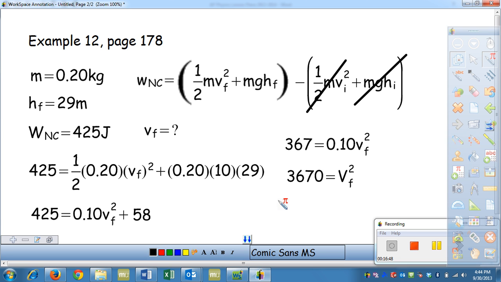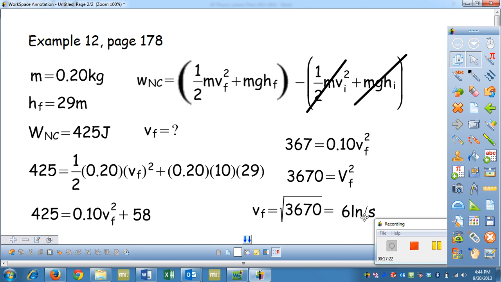Great. So V final equals the square root of 3670, which is about 61. So that's equal to 61 meters per second.